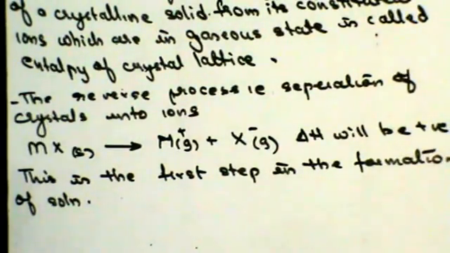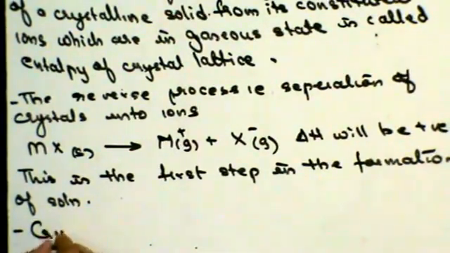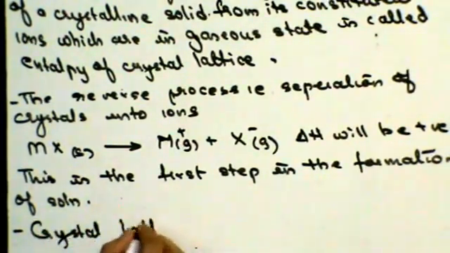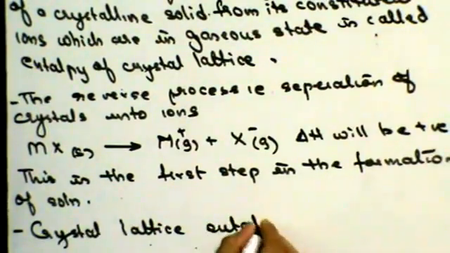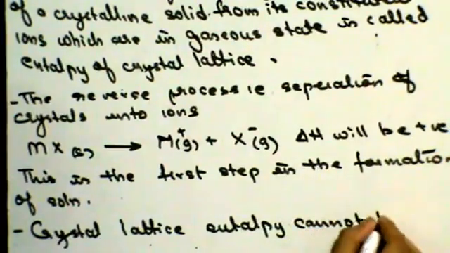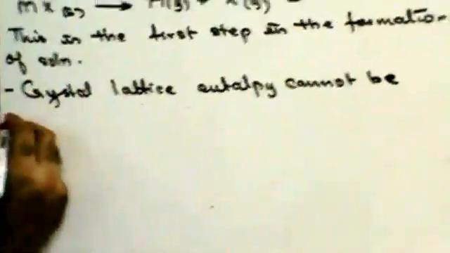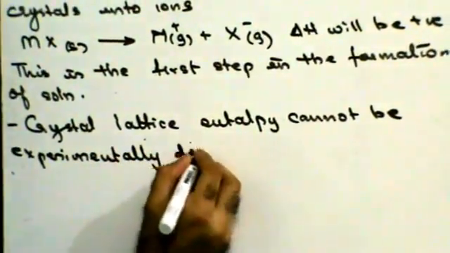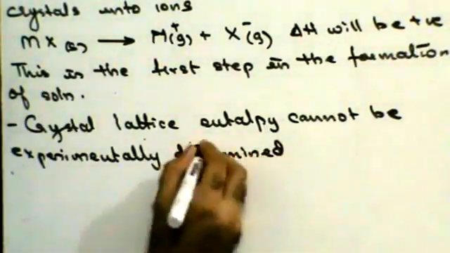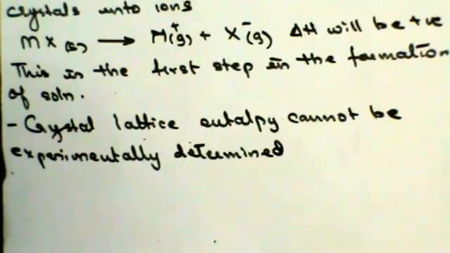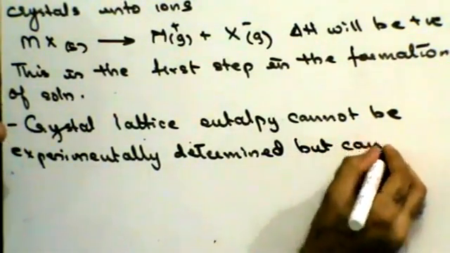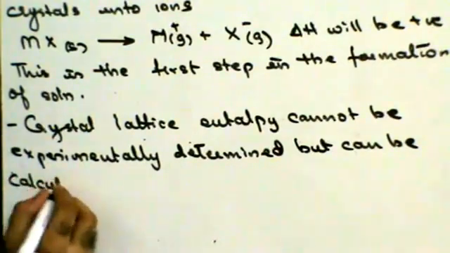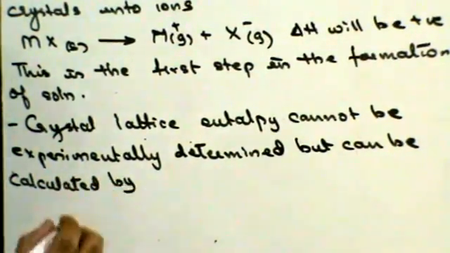Crystal lattice enthalpy cannot be experimentally determined, but it is calculated by using Hess's law.